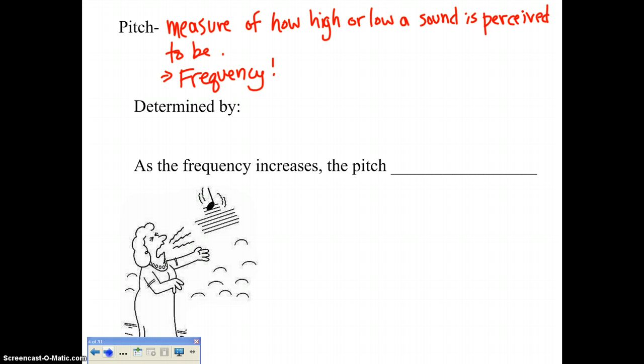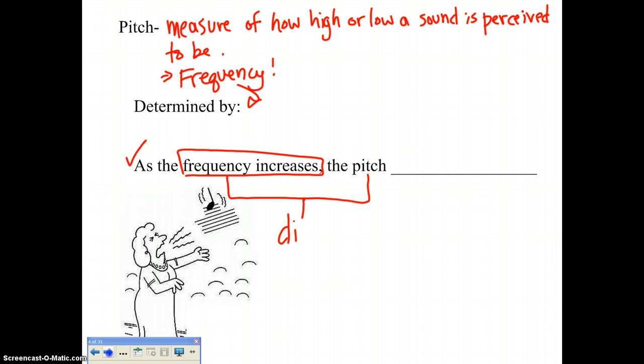So from this, I'm going to say that it is determined by frequency. Frequency is going to determine what your pitch is. In other words, frequency and pitch are directly related to each other. This isn't really like an equation, guys, so more appropriately, you would say that they are proportional to each other. But long story short, frequency increases, pitch increases. So an opera singer singing those high notes.